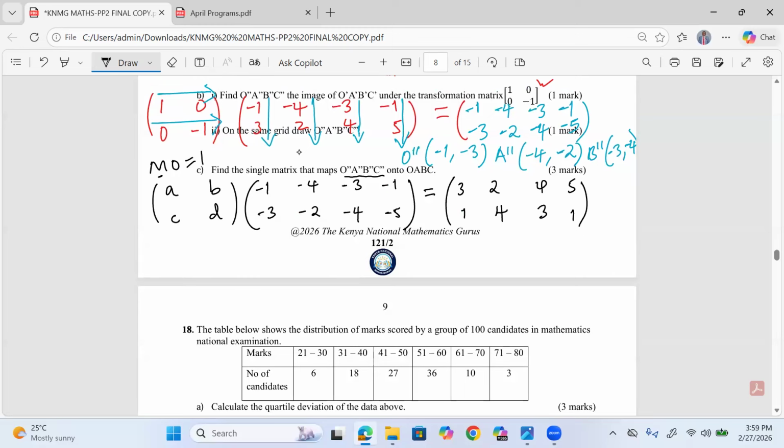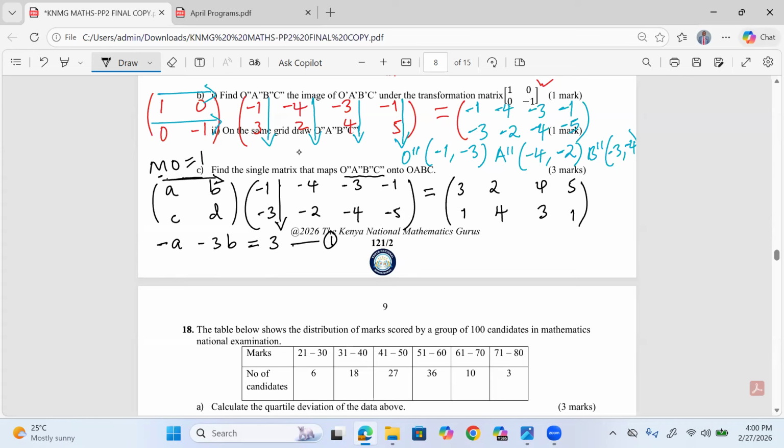Therefore, we start with this row times the first column here, which should give us the first element. We know that. So A by -1, it becomes -A, and B by -3, it becomes -3B. This is supposed to give us 3. This is equation 1.